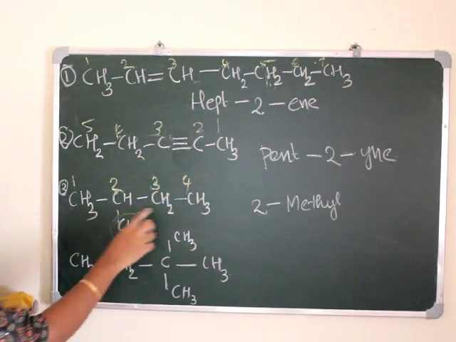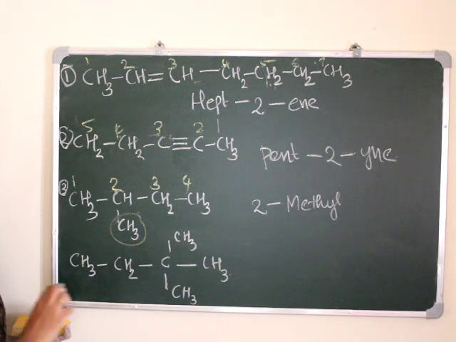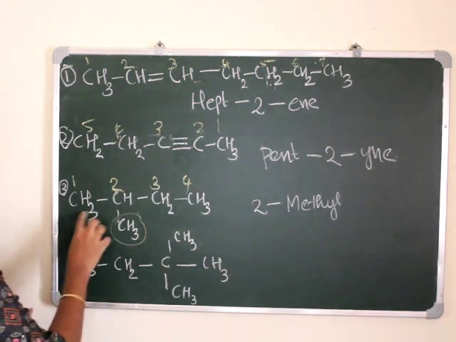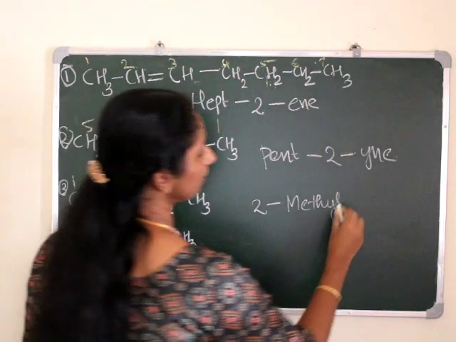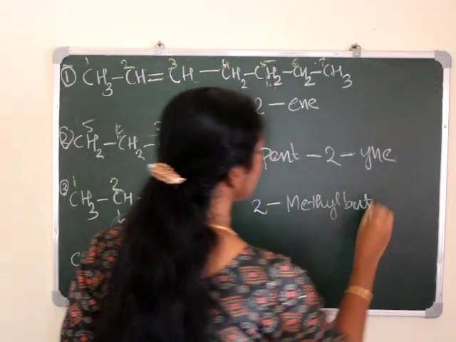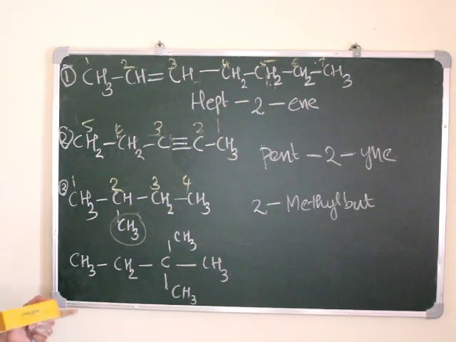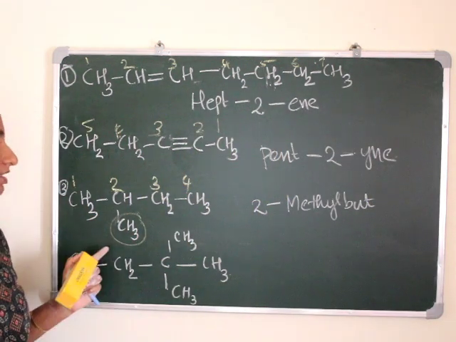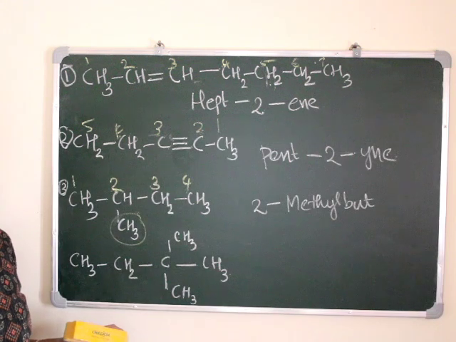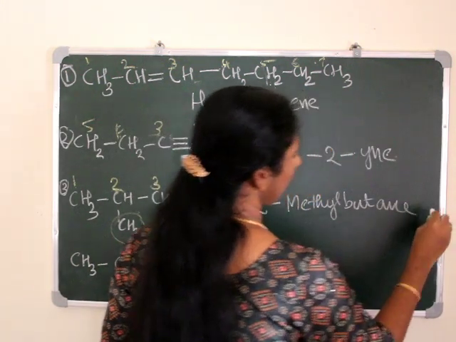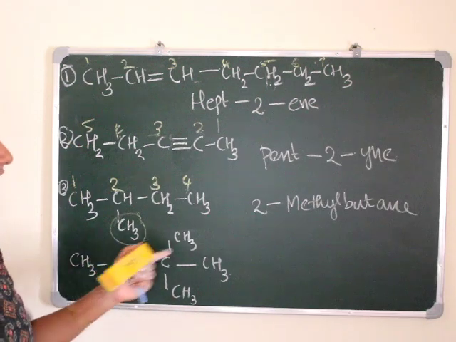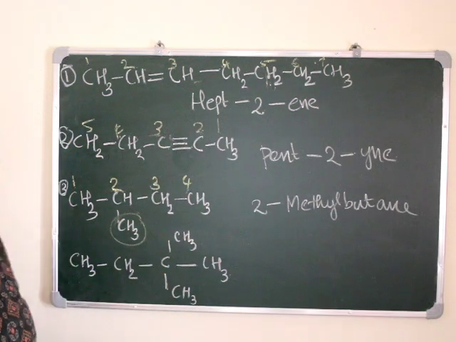Then we want to write the name of this long chain having hydrocarbon. So the long chain is having 4 carbon atoms. So what will be the word root? But, right? But. Then we want to write the suffix. Suffix will be according to the unsaturation. There is single bond present within this hydrocarbon. So what will be the suffix? Ane, right? So the IUPAC name for this particular hydrocarbon is 2-methyl butane, like that.